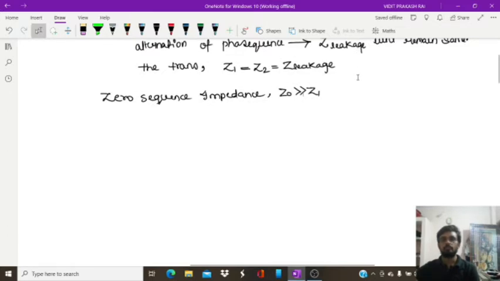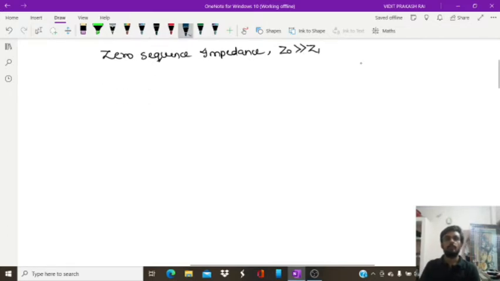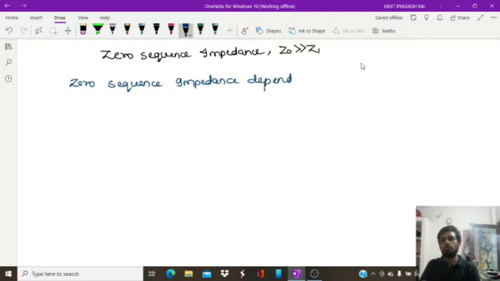Now, here, zero sequence impedance depends upon connection of primary and secondary winding.